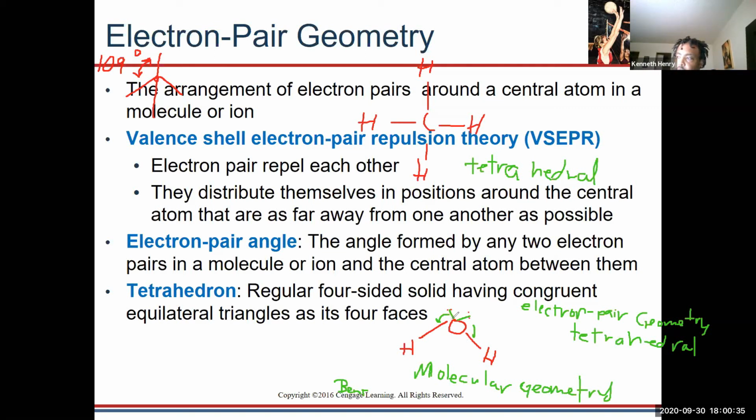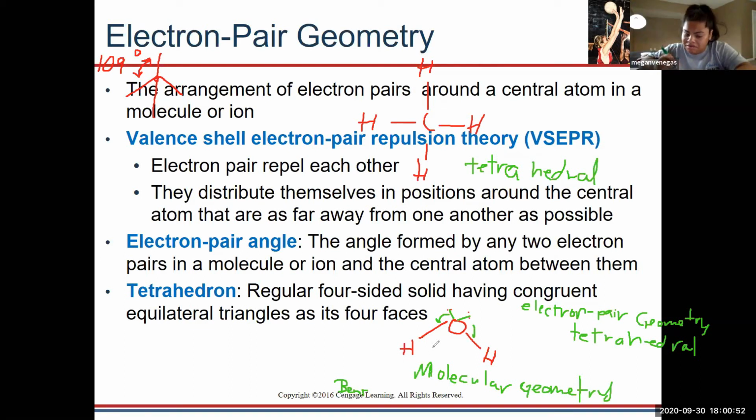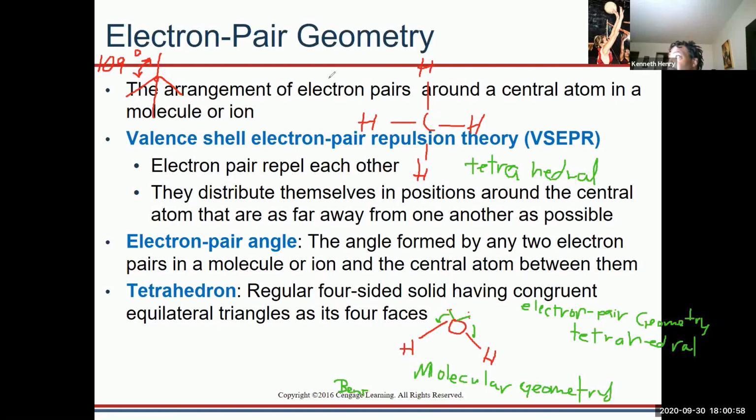So that's 1, 2, 3, 4 attachments. So its electron pair geometry would be tetrahedral because there are 4 attachments. Oh, okay. Do you get that now? And the molecular geometry would just be bent. Yep, that's just like if you're seeing it without the electron pairs.